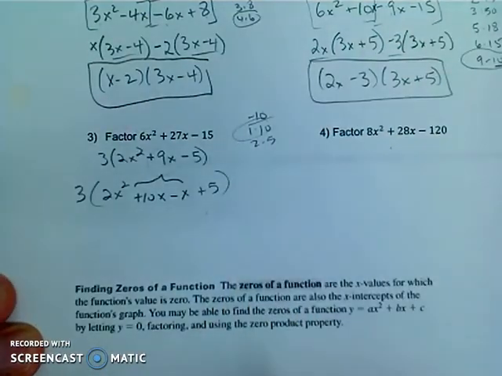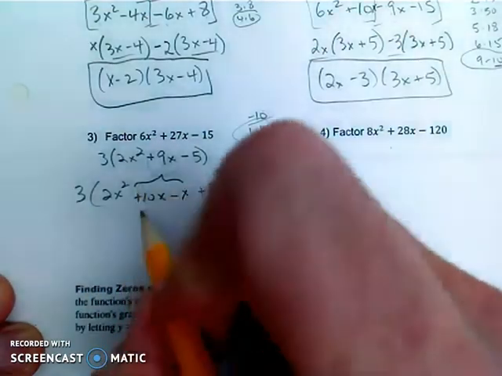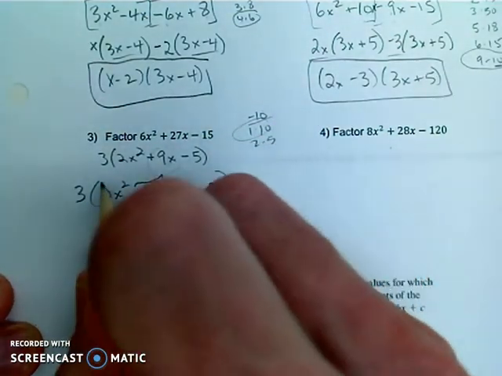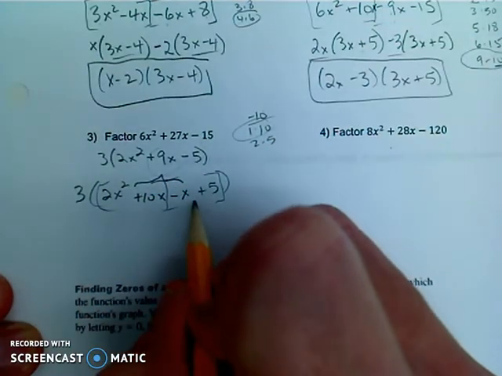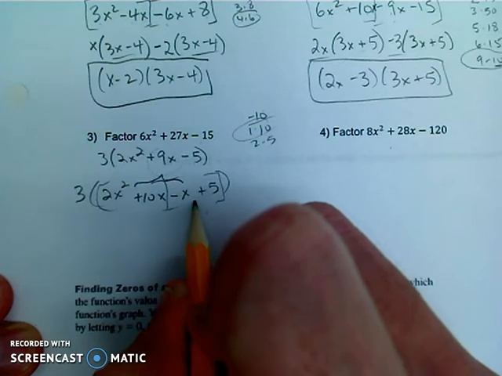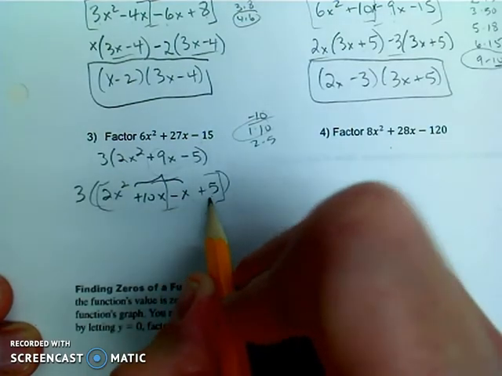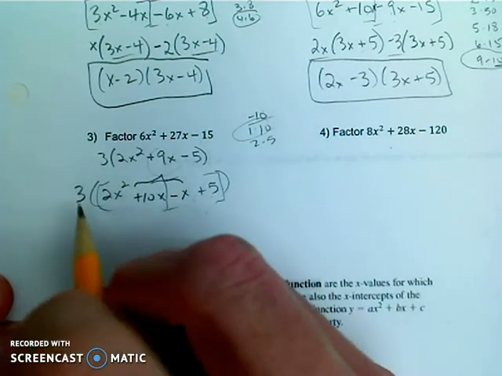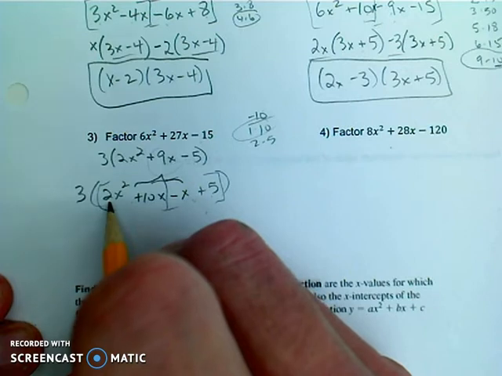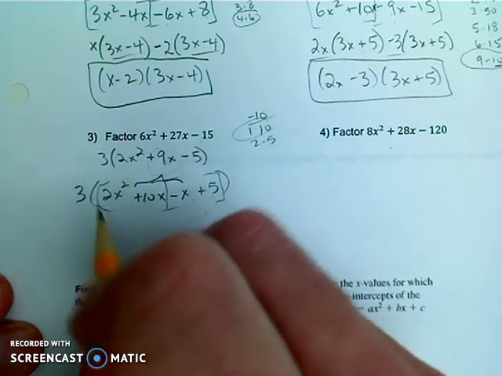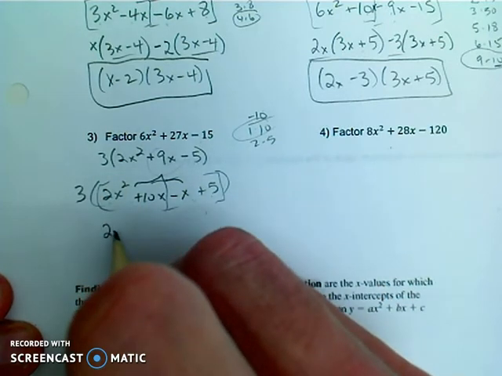Very important to bring the 3 along all the way on down. So here I can see that my remaining factor is going to be x minus 5. I'm going to match up here as well. So 2x squared, 10x. I can take a 2x out there.